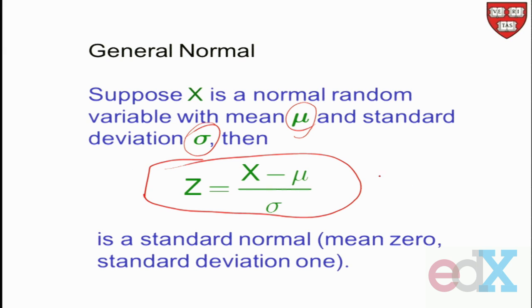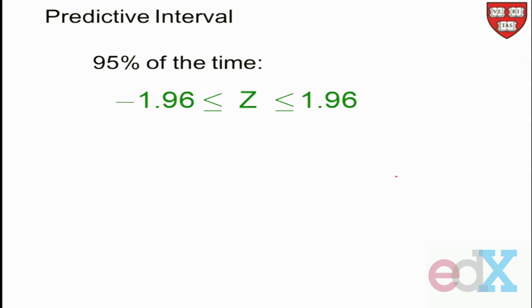Subtract the mean, divide by the standard deviation on the x, and that gives you your z. That's your standardization.